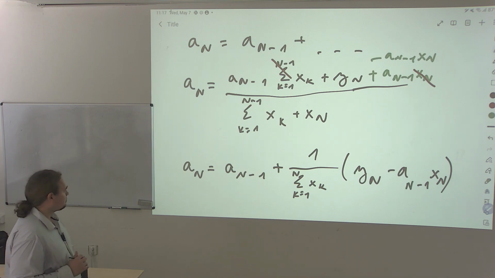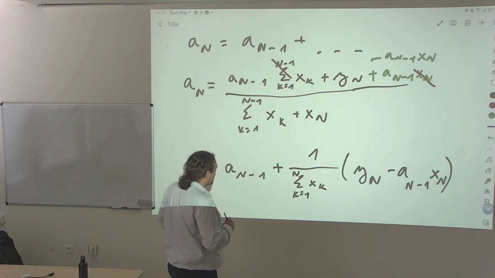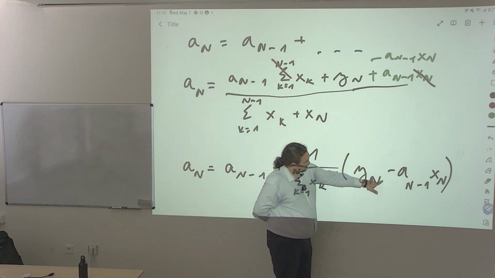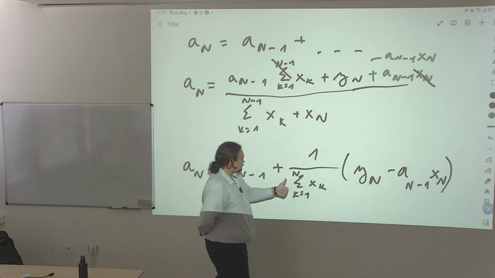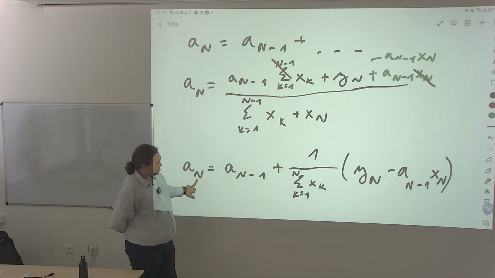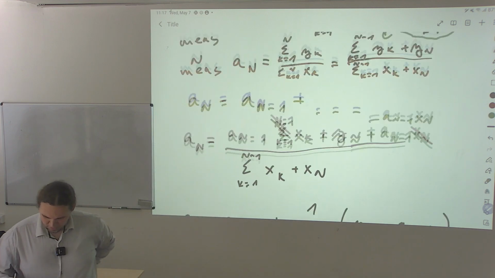Good. Looks good. What is this one? This one here is the measurement that we have just measured, and we are correcting our parameter a.